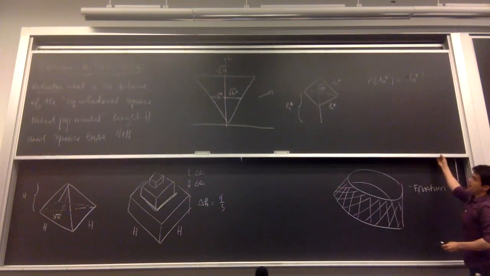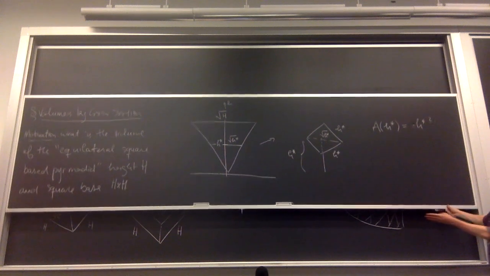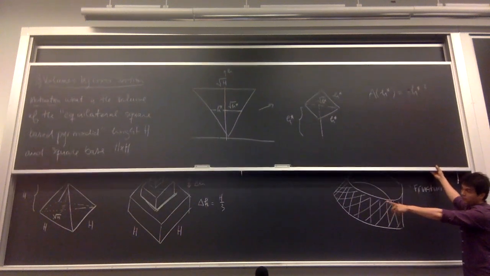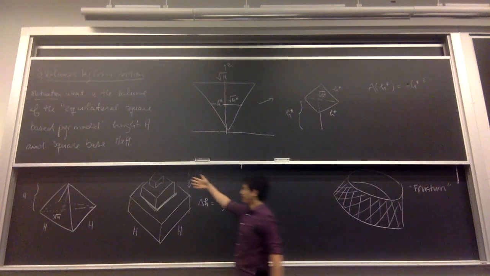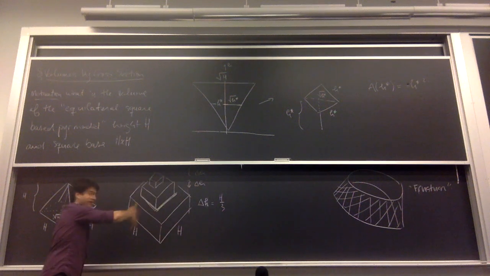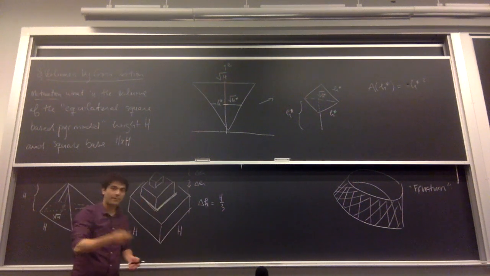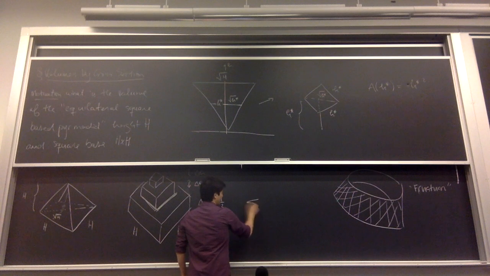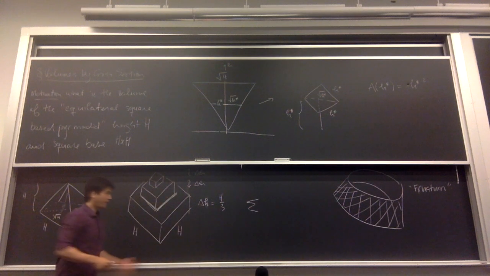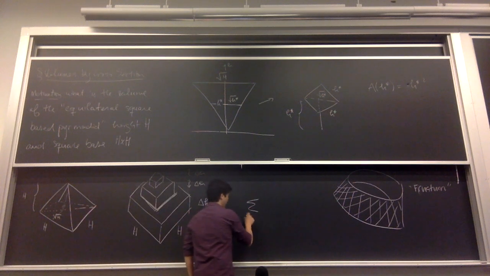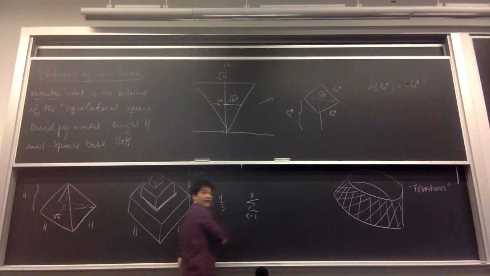Okay, so what do we need to do now? Let's try to write a sum for this volume that I've drawn here. So we're going to have to add up how many things? Three things.